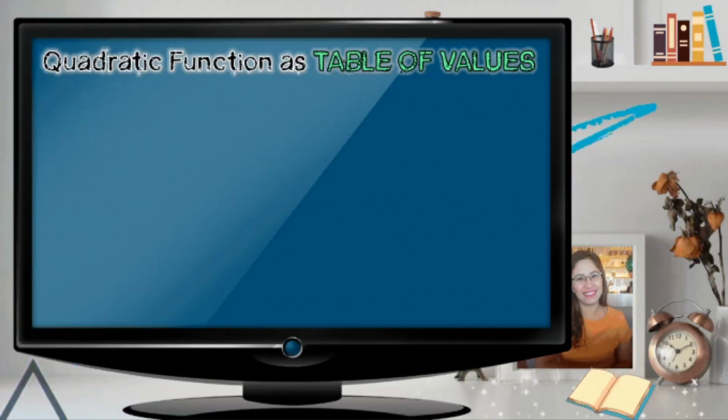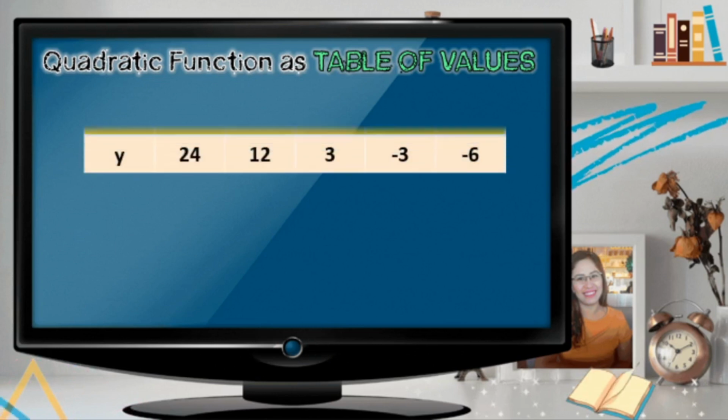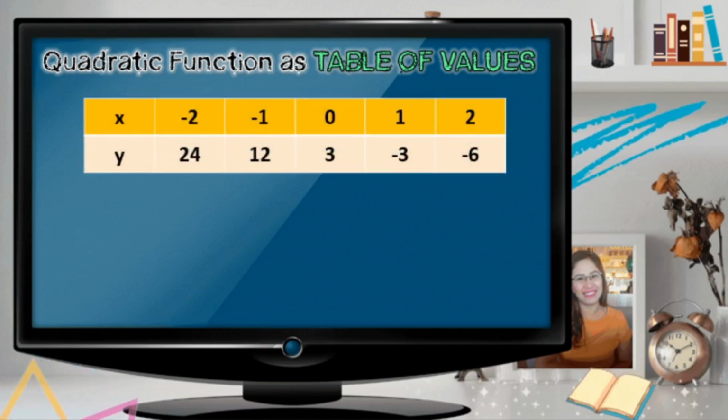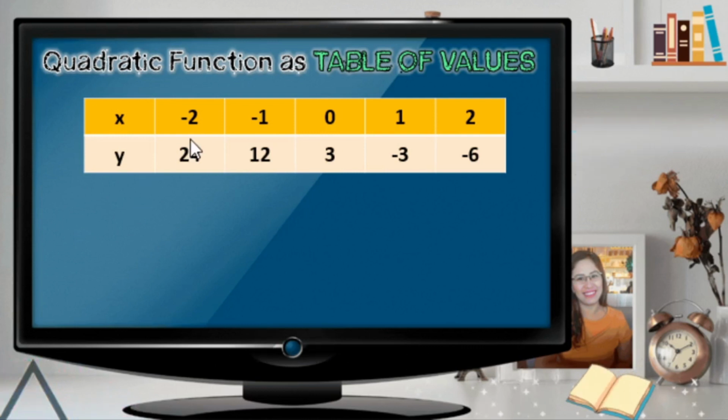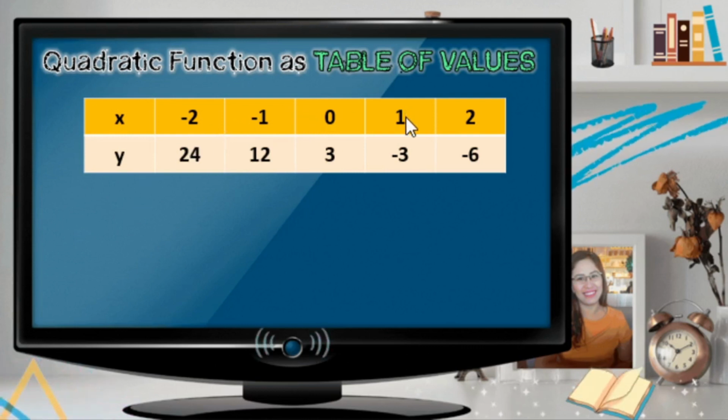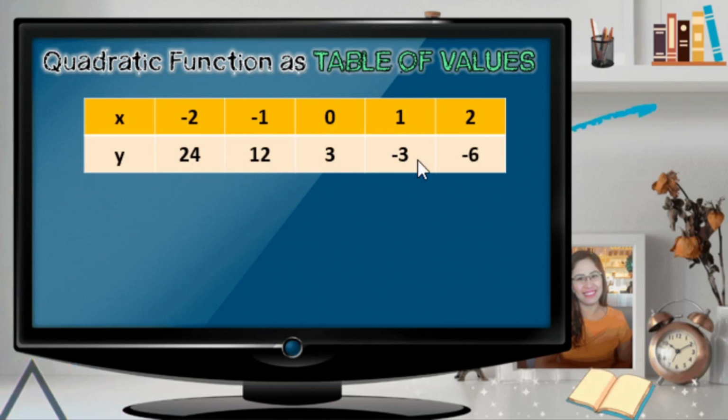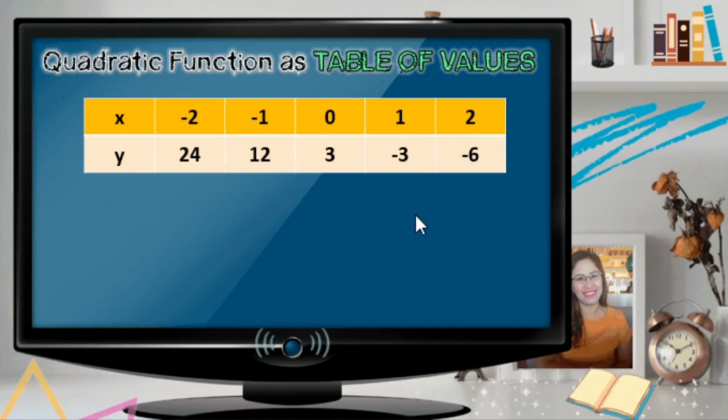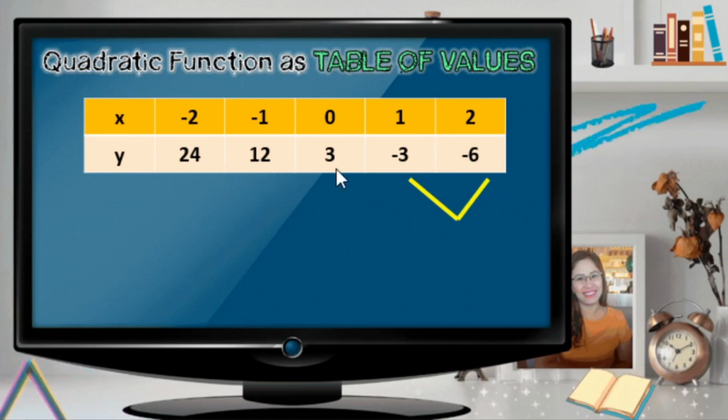Quadratic function as table of values. We have a table of values x and y. We have x values negative 2, negative 1, 0, 1, and 2. And y values are 24, 12, 3, negative 3, and negative 6. Let us find the first difference in y.